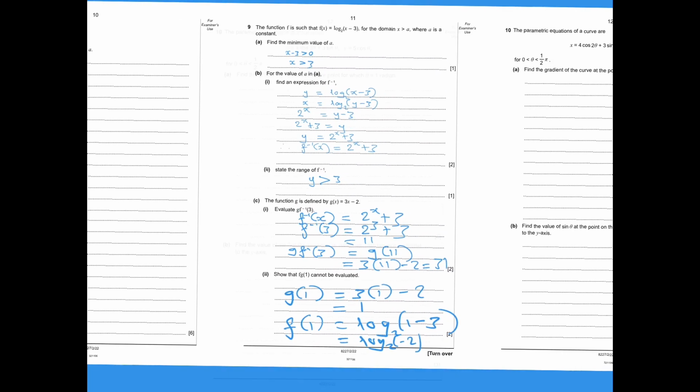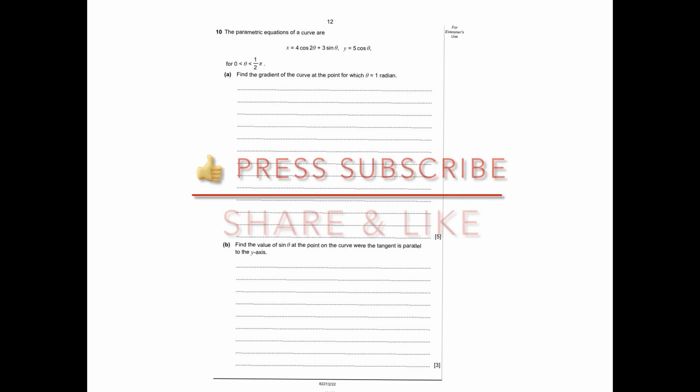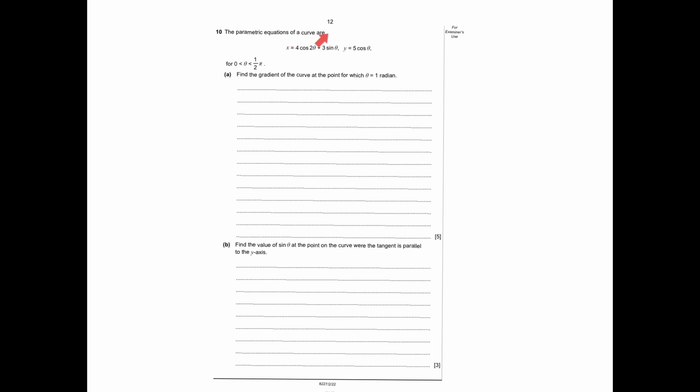All right, question 10, it's on parametric functions. So we are having here the parametric equations of a curve, where x is 4 cos 2 theta plus 3 sine theta, and y is equal to 5 cos theta, for theta between 0 and pi over 2. Find the gradient of the curve at the point for which theta is equal to 1 radian.